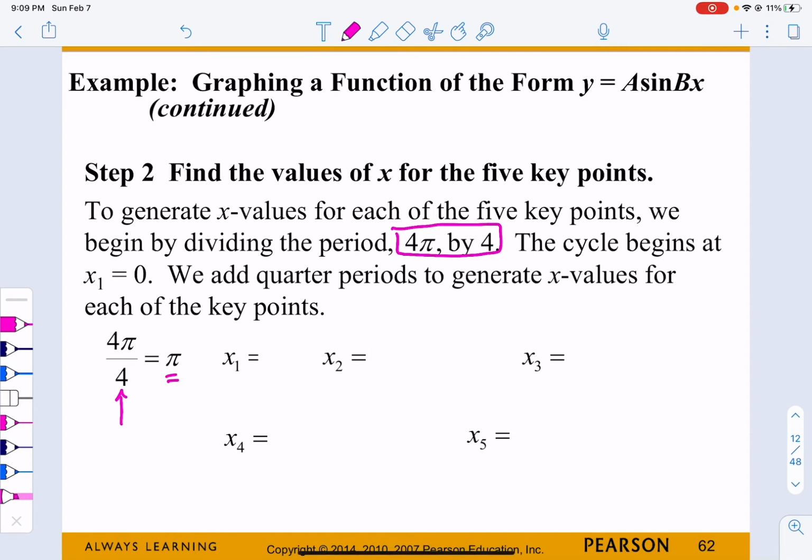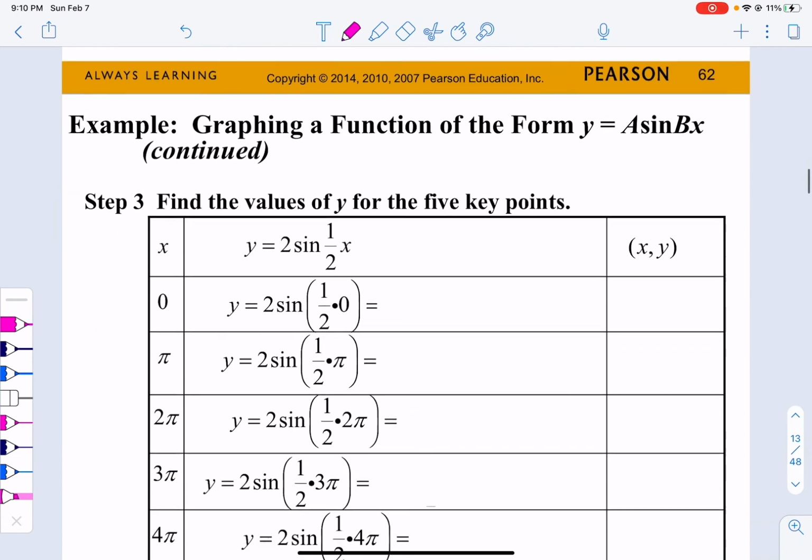Our starting point is still 0, and then we add multiples of pi. So 0 plus pi gives us pi. Pi plus pi gives us 2 pi. 2 pi plus pi gives us 3 pi. And 3 pi plus pi gives us 4 pi.